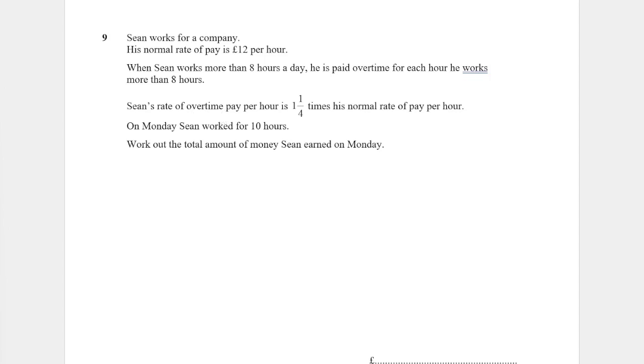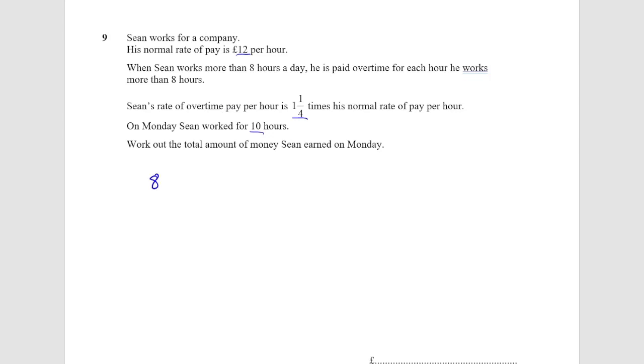Okay, question 9. Sean works for a company. His normal rate of pay is £12 per hour. When he works more than 8 hours a day, he's paid overtime for the work over 8 hours. The rate of overtime pay is 1 1/4, and he worked 10 hours on a day. Work out the total amount of money that he earned on that day.